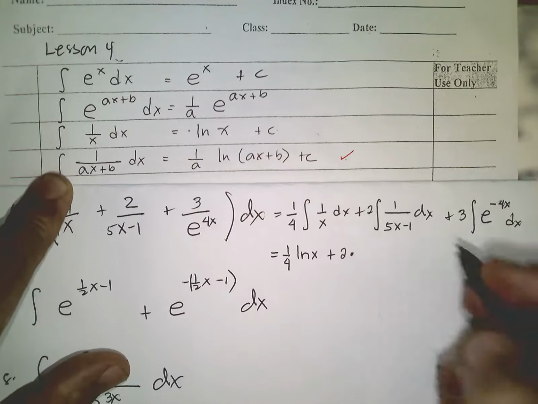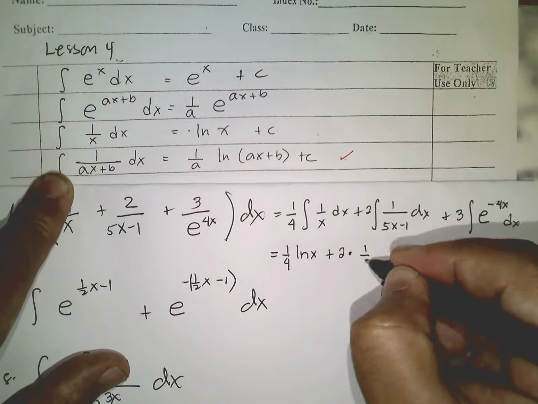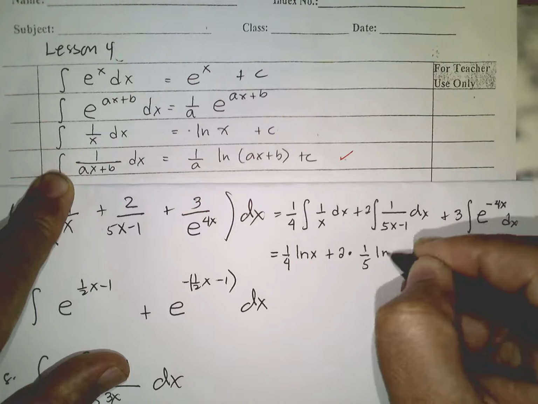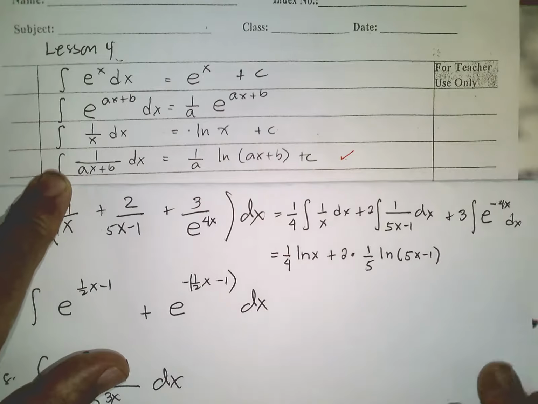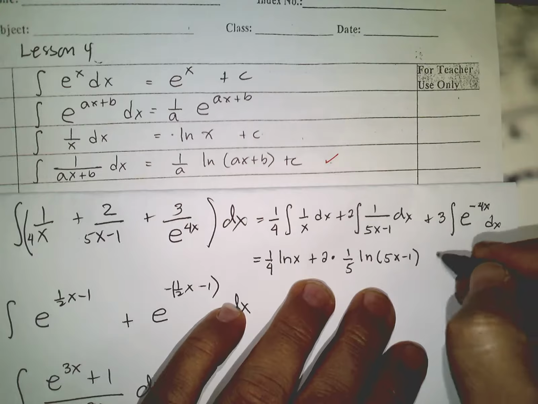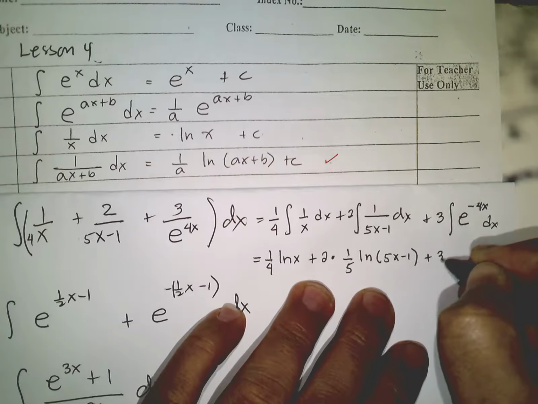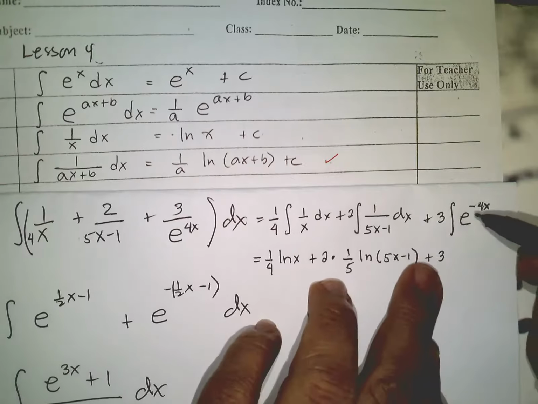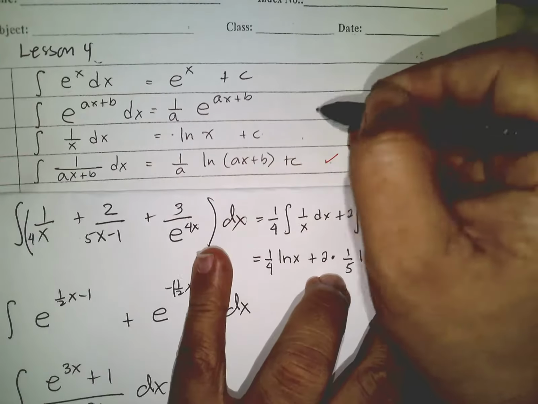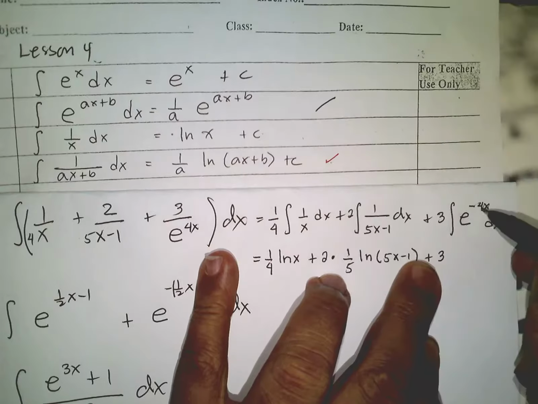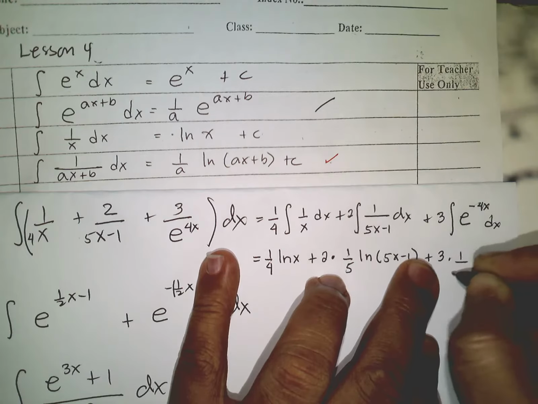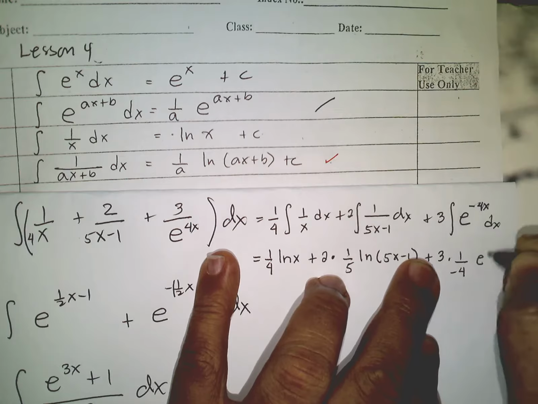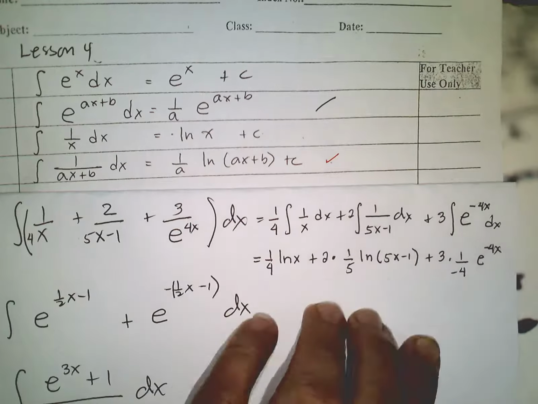Your a is 5, so that's going to be 1 over 5 times the natural logarithm of 5x minus 1 plus 3. Then here you use formula number 2, this one here. Your a is negative 4, so times 1 over negative 4 e raised to negative 4x.